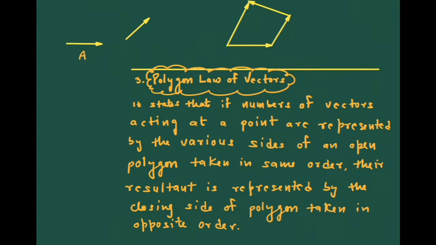If this vector is A, this vector is B, this vector is C, so by law of polygon, the resultant of vector A, B and C is vector R. So we can write R vector as A vector plus B vector plus C vector. This is the law of polygon of vectors.